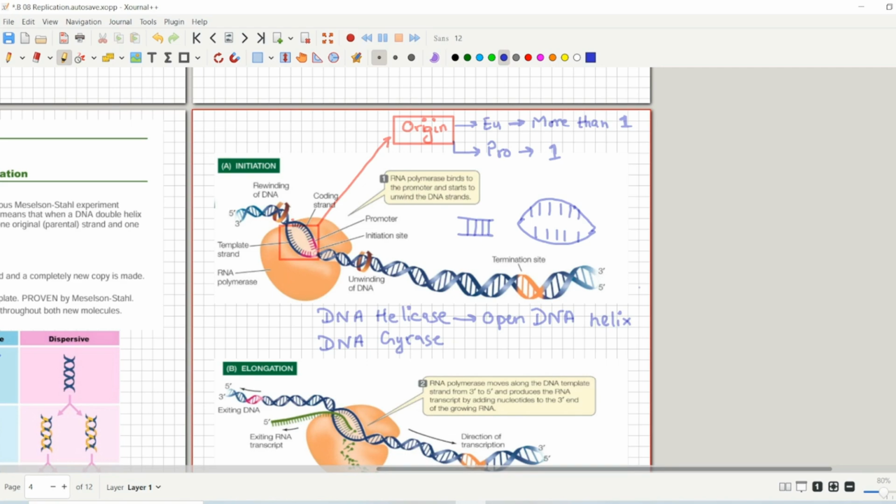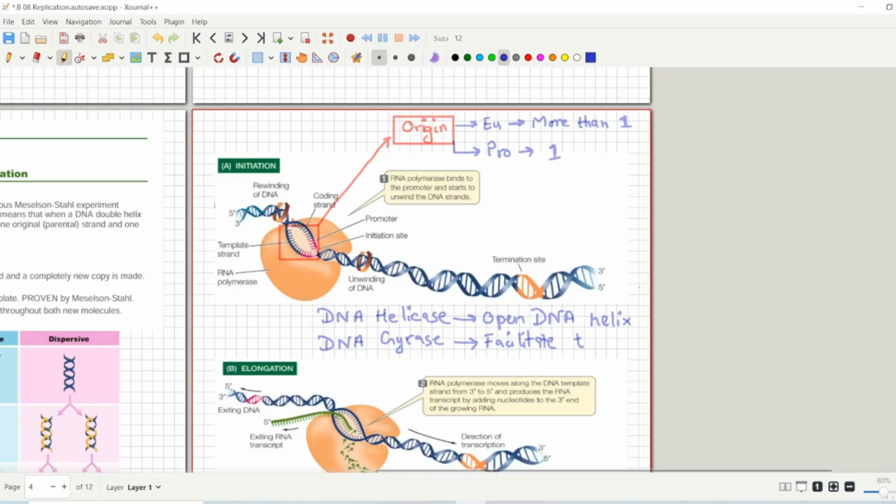If we talk about DNA gyrase, DNA gyrase actually works before DNA helicase. How does DNA gyrase actually work? DNA gyrase will support, or facilitate, the unwinding of the DNA duplex.